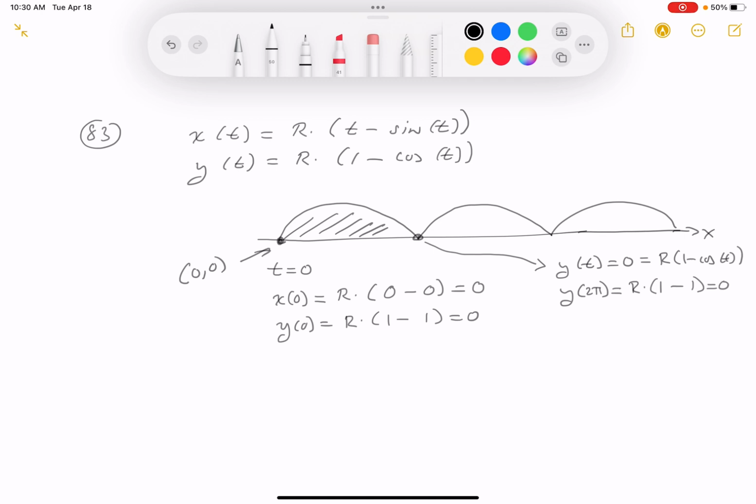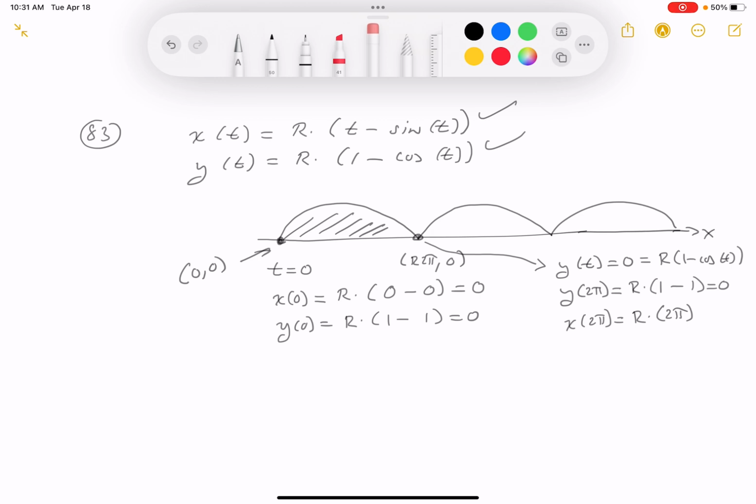Now, someone could say, I wonder what the x is. Well, let's write it down. x of 2 pi. It's going to be r times 2 pi. Again, we're using these formulas up here. And then it's going to be sine of 2 pi, which is 0. So r 2 pi. It's over here somewhere. So it's going to be r 2 pi, and it's going to be 0. So right now, I'm sort of ready to set my integral up.